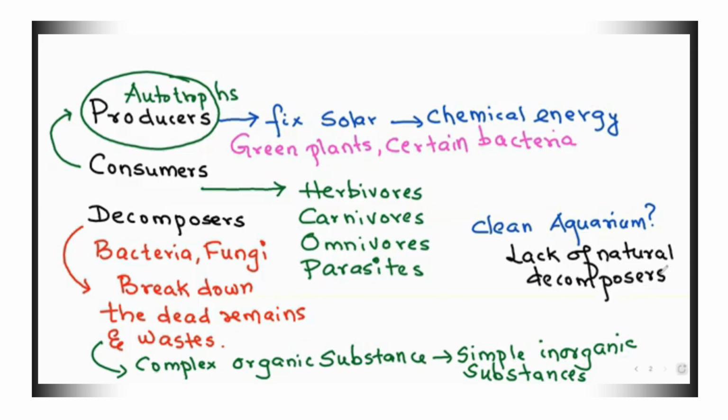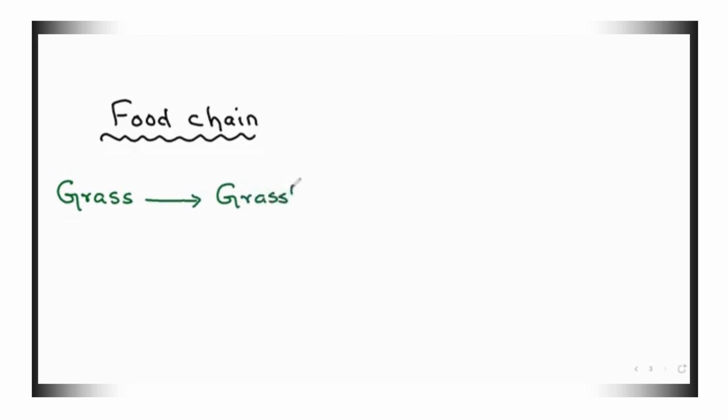Then the next part of the chapter starts with the food chain. All of you know that a food chain represents the organisms in different levels of who eats whom. The simplest food chain you can recollect is grass eaten by grasshopper, grasshopper eaten by frog, frog eaten by snake, and snake in turn eaten by the hawk.